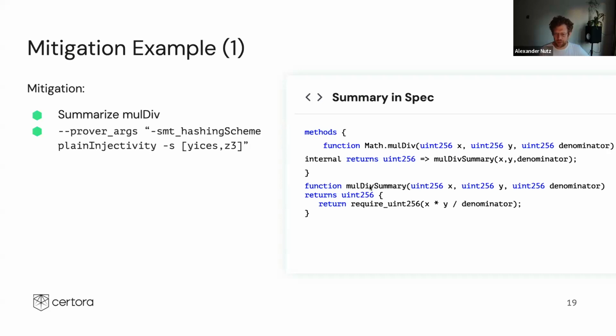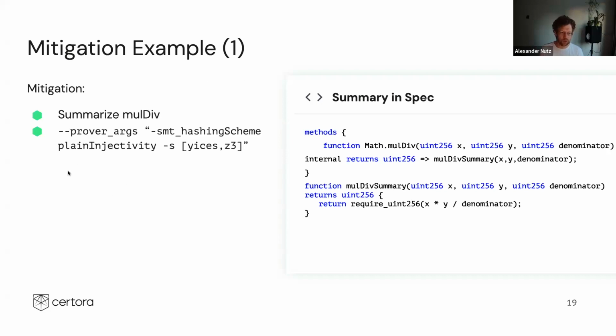So this has the same behavior. Of course, we're assuming that the muldiff function of OpenZeppelin behaves as expected, but that would be a separate proof. If that holds, then this is an exact summary. We haven't changed behavior, but we've simplified the problem massively, going from something like 30 nonlinear operations down to 6 overall, because this is called twice.